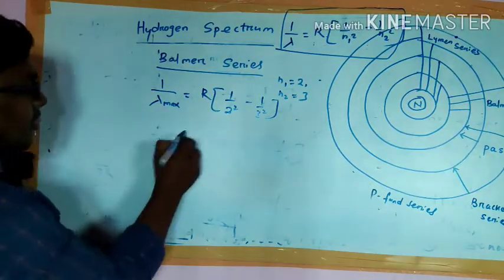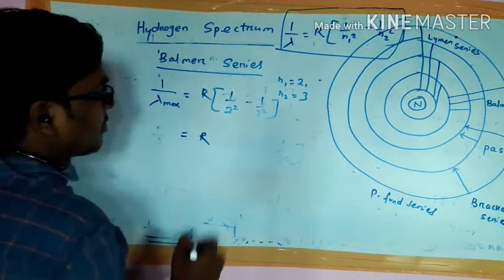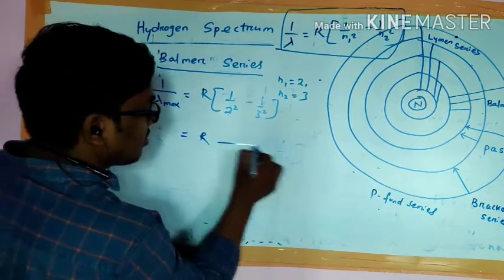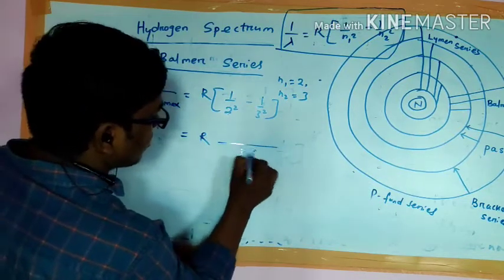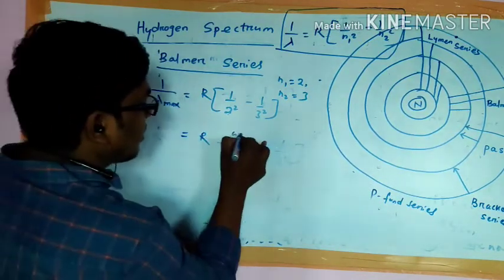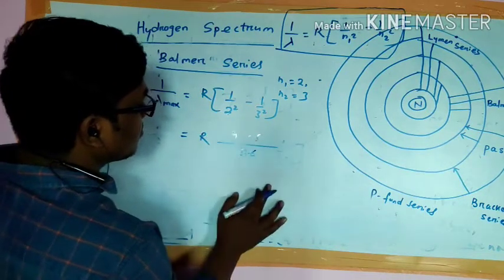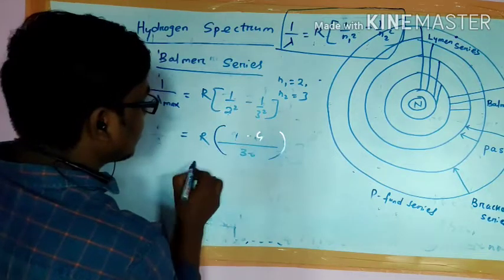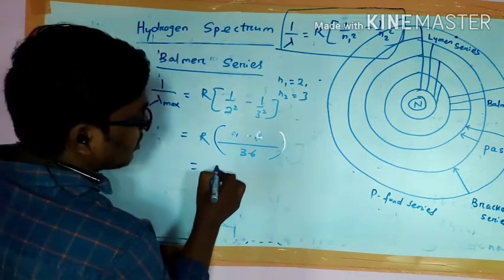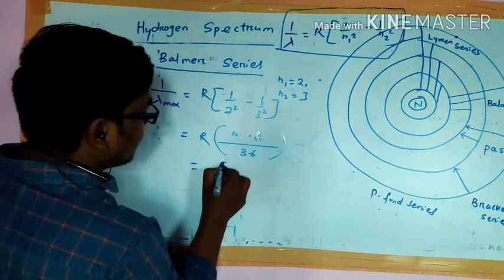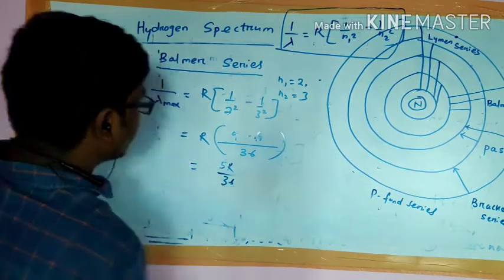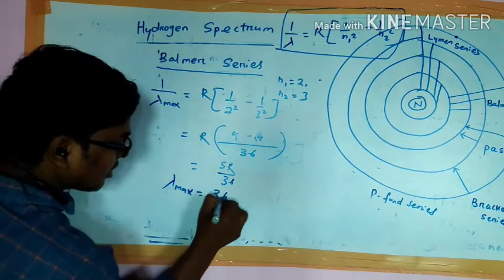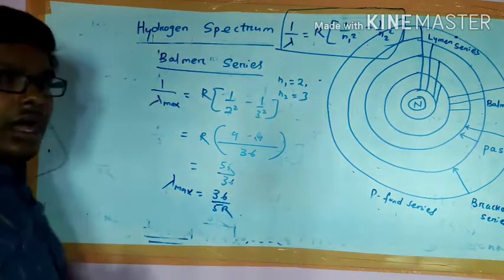This is 4, this is 9, LCM 36, 9 minus 4, this becomes 5R by 36, so lambda maximum becomes 36 by 5R.